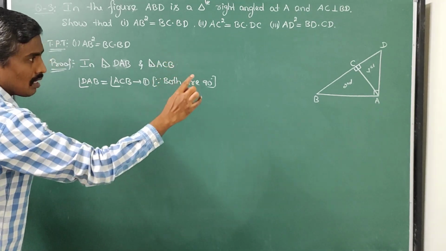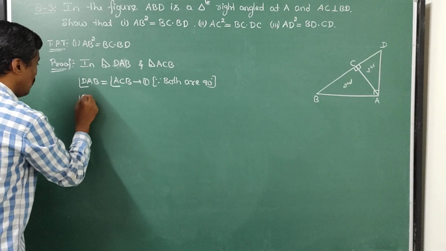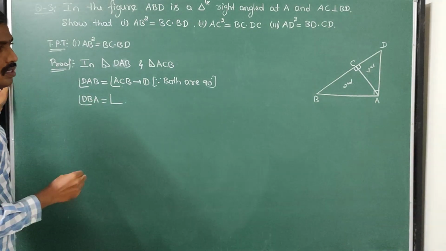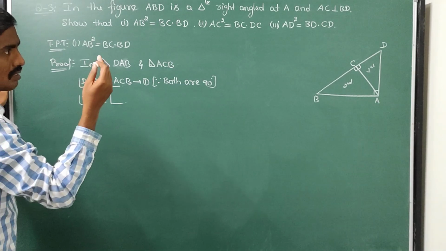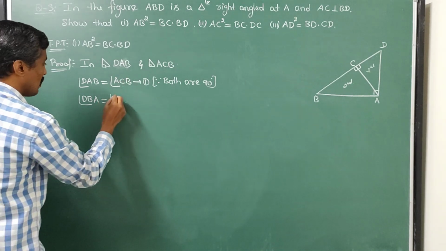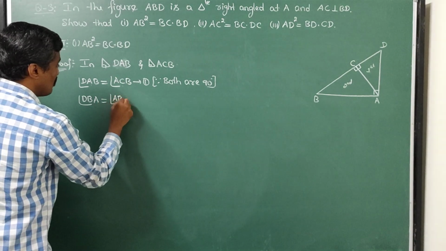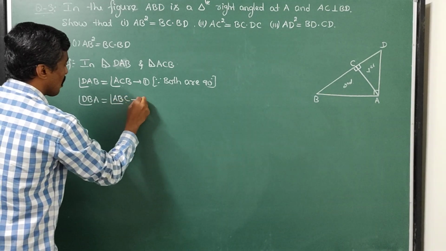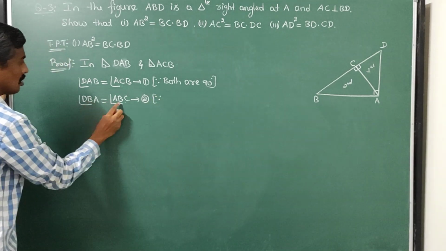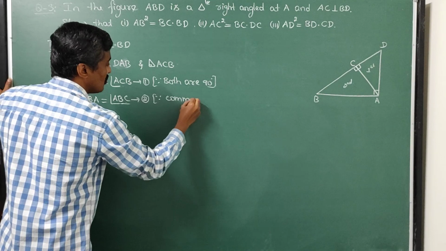So in the original triangle, angle DBA is equal to, in the second triangle, angle ABC or CBA, the B angle. They are equal because B is a common angle.